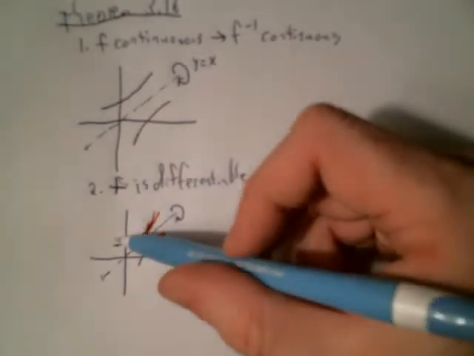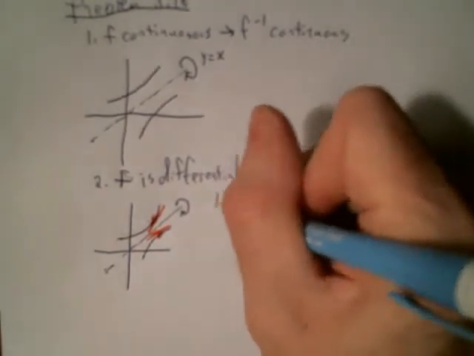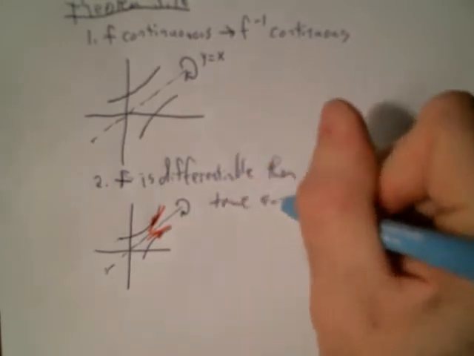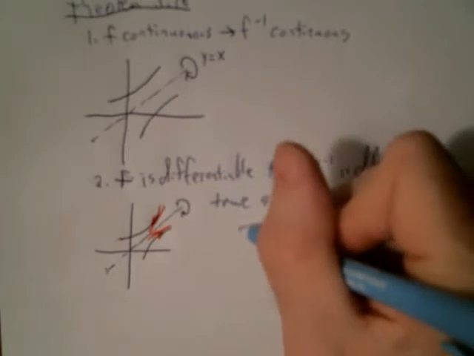If we do have a horizontal tangent line on f, then that will not allow us to find the derivative of the inverse function. So this will be true so long as f prime at a particular point is not equal to 0.